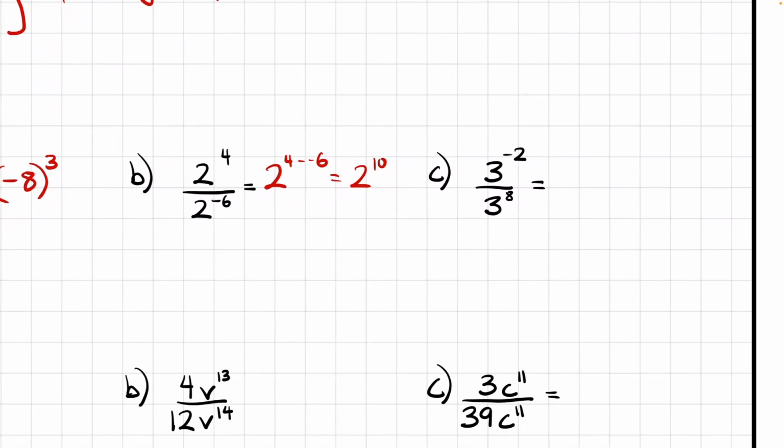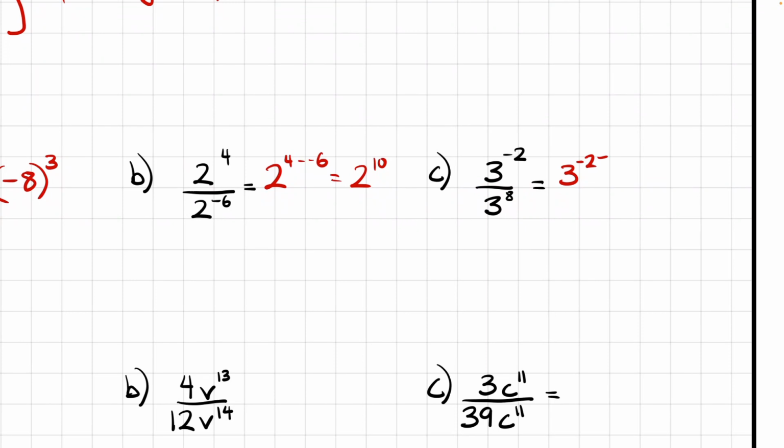3 to the power of 10. I'm careful here. So in this case, we had 4 minus, the minus sign was the division, and then the negative 6, right? This one is going to be, I'm going to rewrite the negative 2 for you. Keep telling me what to write in the exponent. It's negative 2, and then what does the division sign mean? Minus.